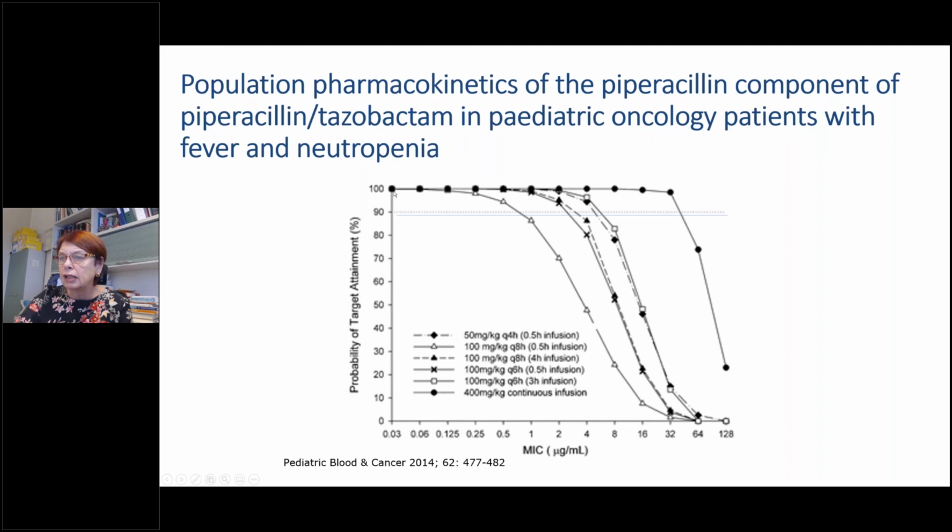And here you can see the example with the black dots. This is an example of continuous infusion, 40 mg per kilo, a relatively high dose of continuous infusion. You can see that 90% probability of target attainment can be achieved for quite a high MIC.